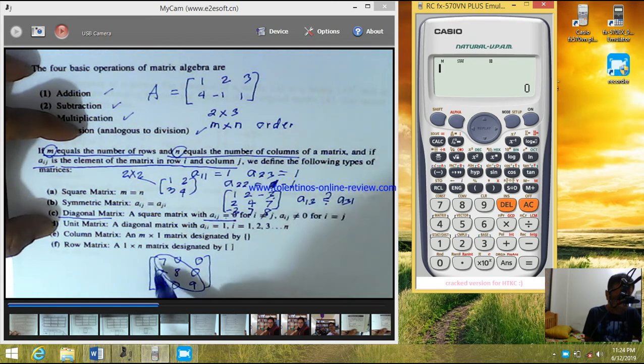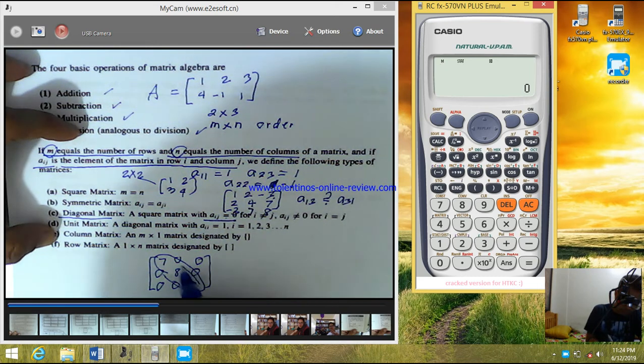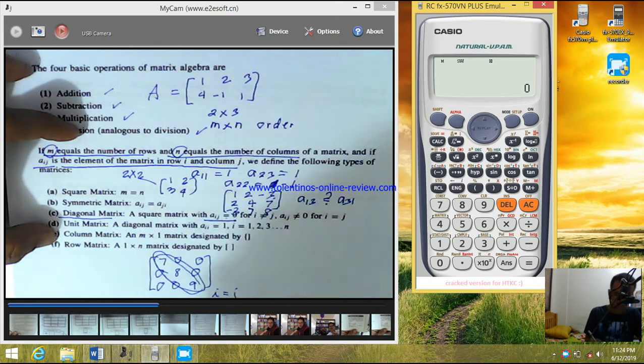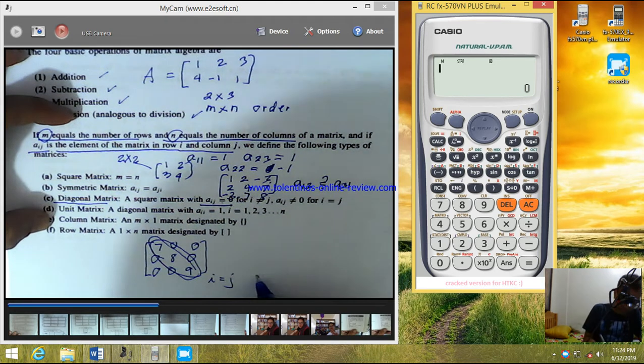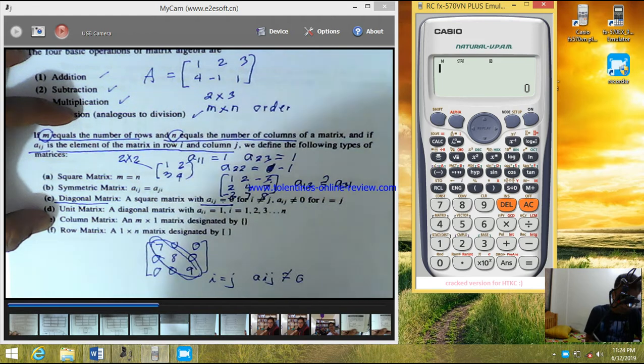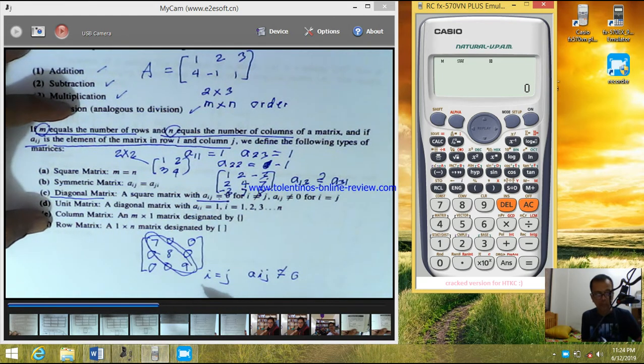And aij is not equal to 0 for i equals j, di ba? Itong column na to, yan yung i is equal to j. So, ang element dyan, yung aij dyan, is not equal to 0, and it could be any number.